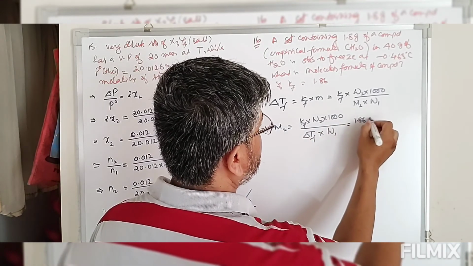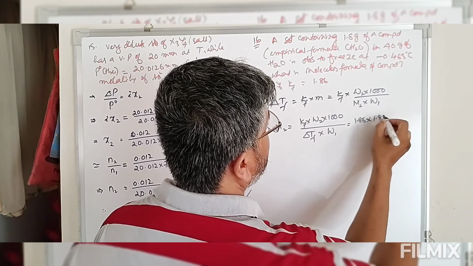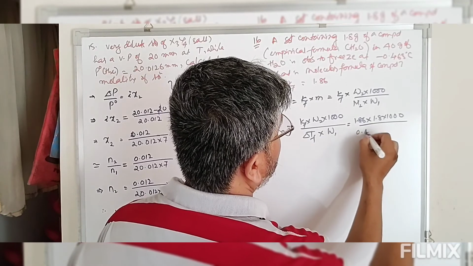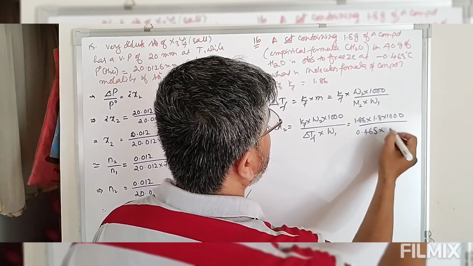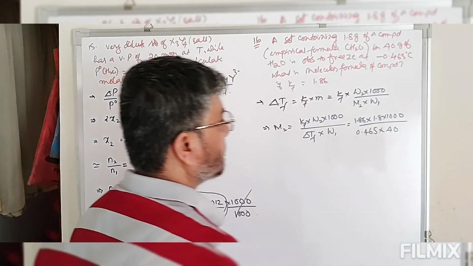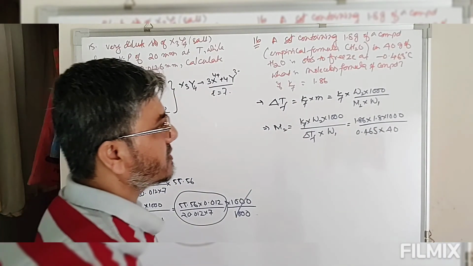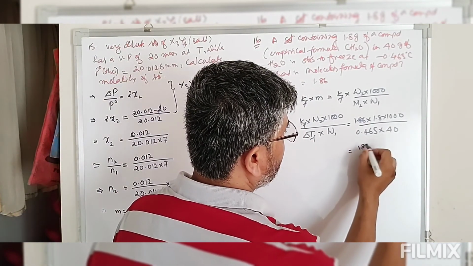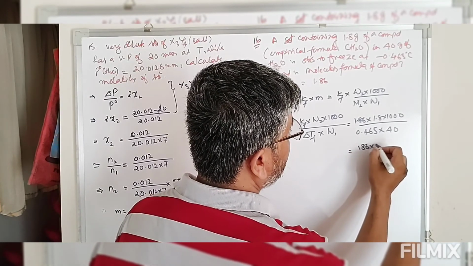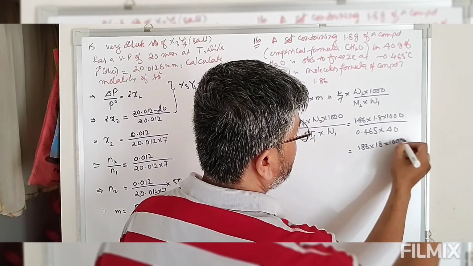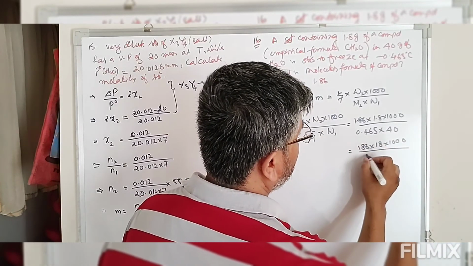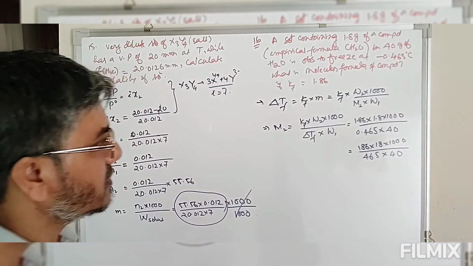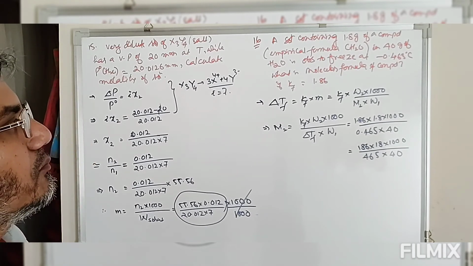Kf is 1.86, W2 is 1.8 into 1000 divided by delta Tf is 0.465, mass of solvent is 40. So this is the value of molar mass. So this is 186 into 18 into 1000 divided by 465 into 40. So this is the molecular mass.